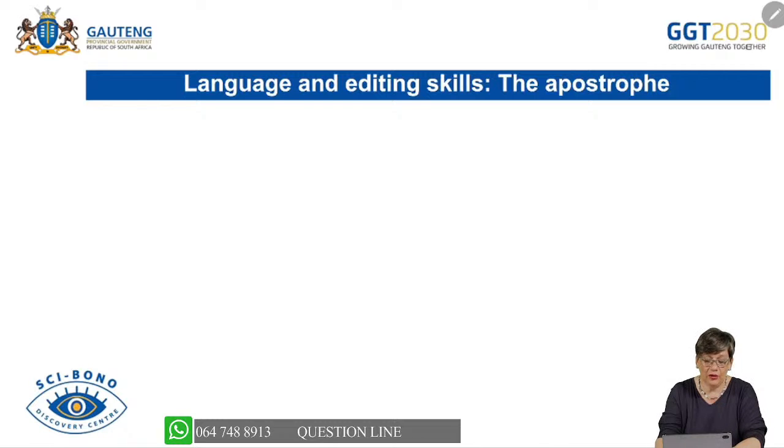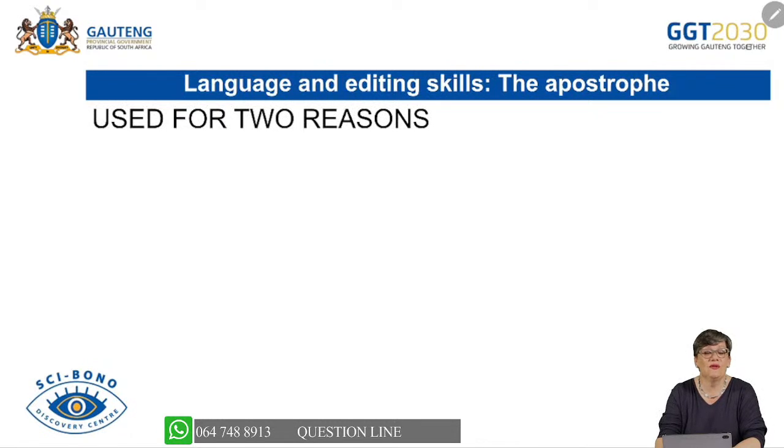Now, you know the apostrophe is used for 2 reasons. We use it for contractions or omissions. For example, where do not becomes don't. And the apostrophe is then placed in the place of the letter that's missing.